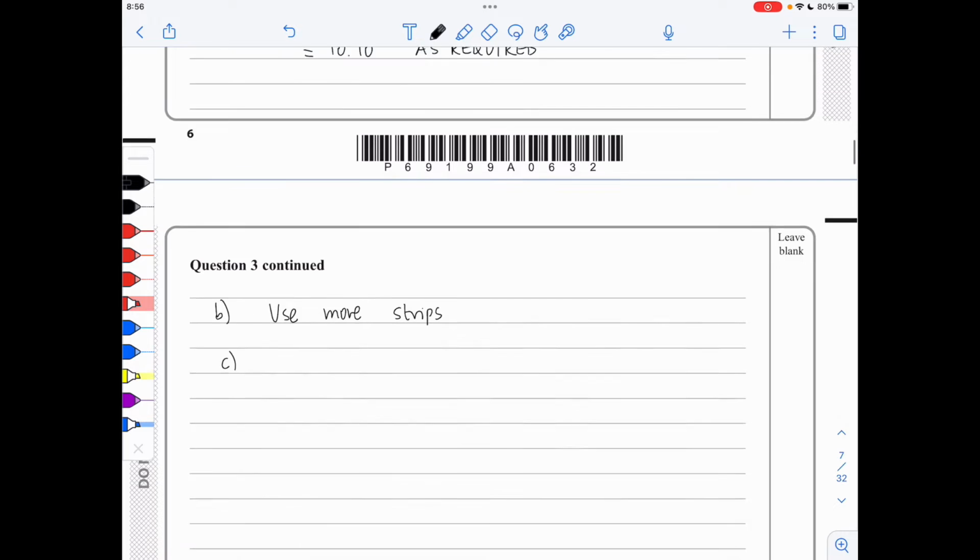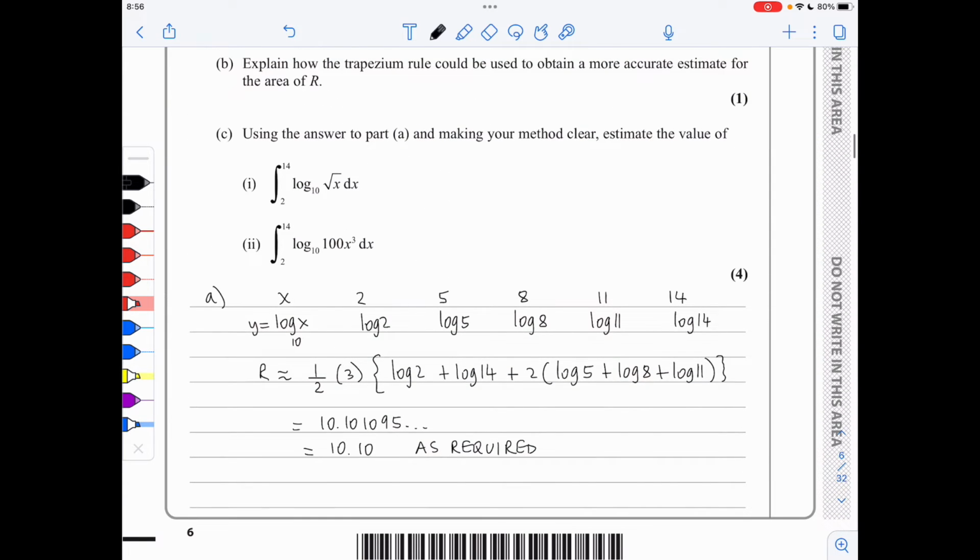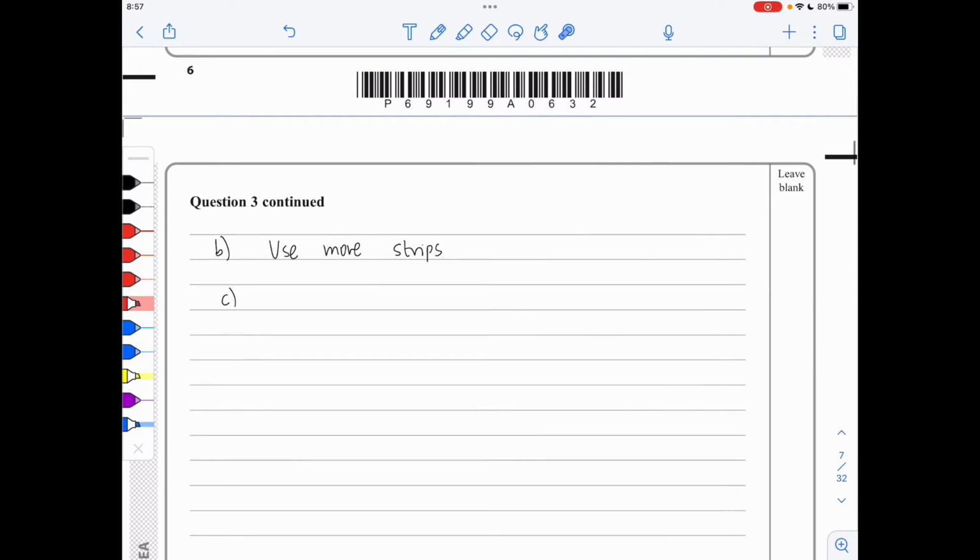And then in C, we have to use our answer to part A in order to estimate the integral of log of root x and log of 100x cubed. So I will actually start by writing out the integral I've been given in I. So it's from 2 to 14 log of root x base 10 dx.